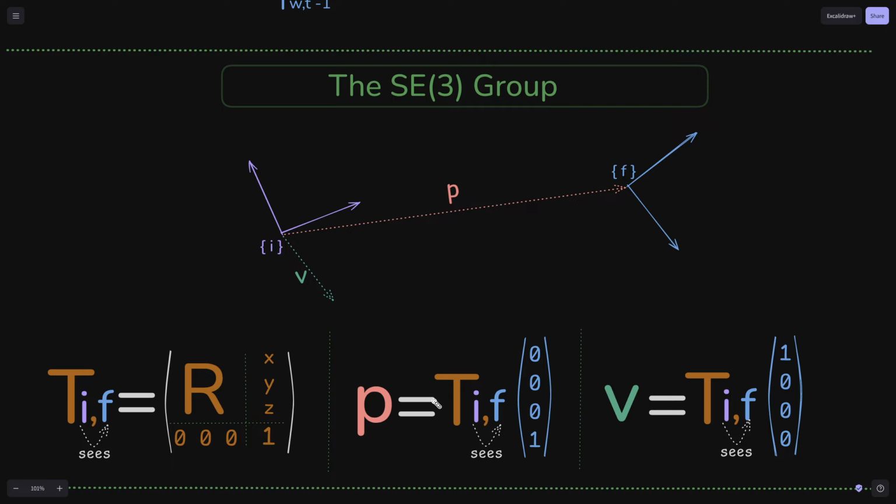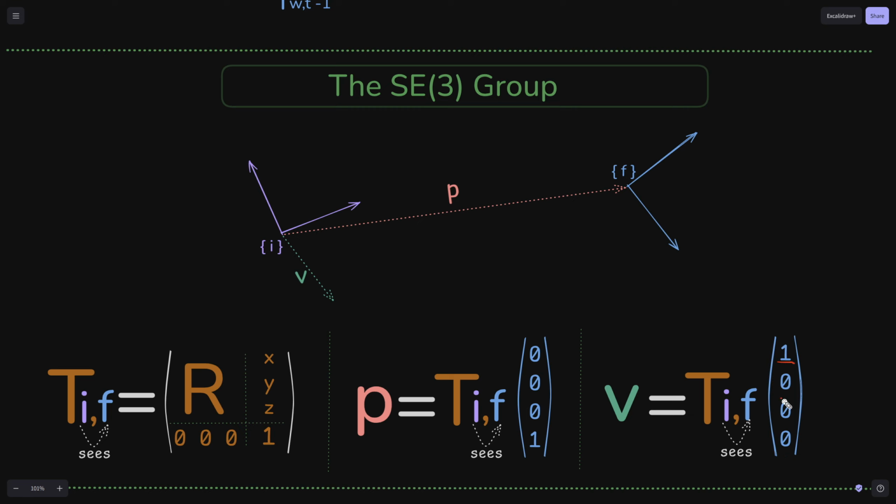Okay, so you want to get P, which is this vector. We just input the 0 position, so it's 0, 0, 0, 1. This is the 0 position of F, and it will provide us this 0 position seen by I, which is this P. And if we would like to do the same for this axis, which we'll assume is the x-axis, then we will introduce it here.